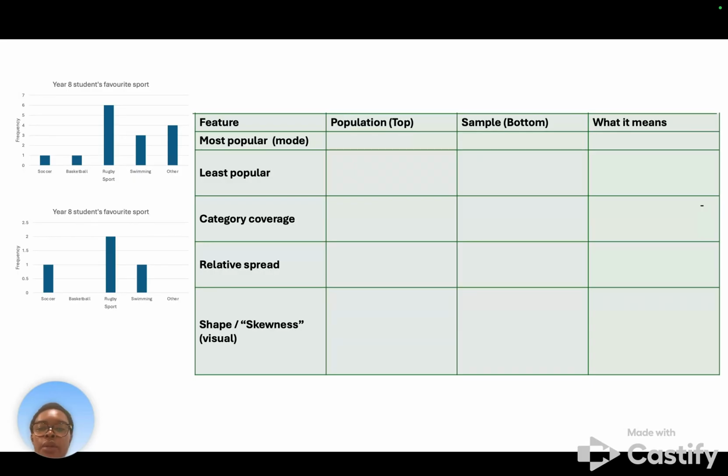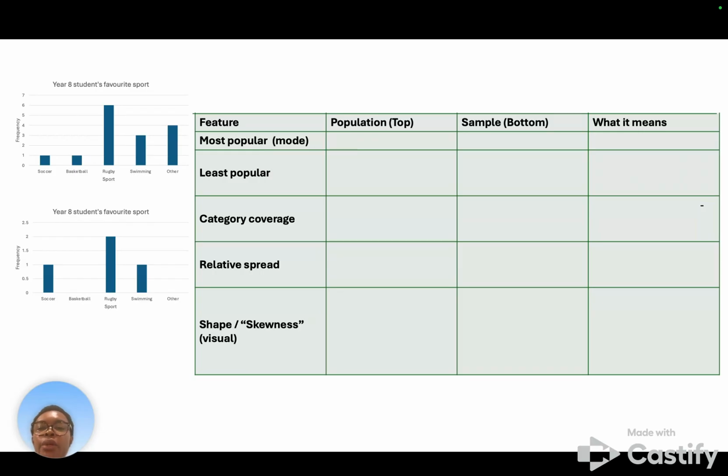Okay, so to compare, we compare things like the most popular. Remember, the graph is about which is the most popular, and then we compare the least popular. We compare category coverage, relative spread, and shape or skewness.